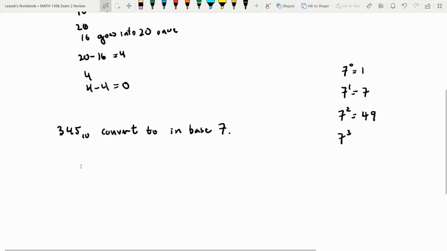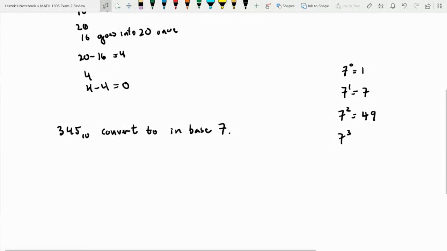Well, I guess I should have been prepared. I don't know 7 cubed. 343. Not quite, right? But 7 to the 4 is definitely going to be bigger than our number, so we don't even have to list it.